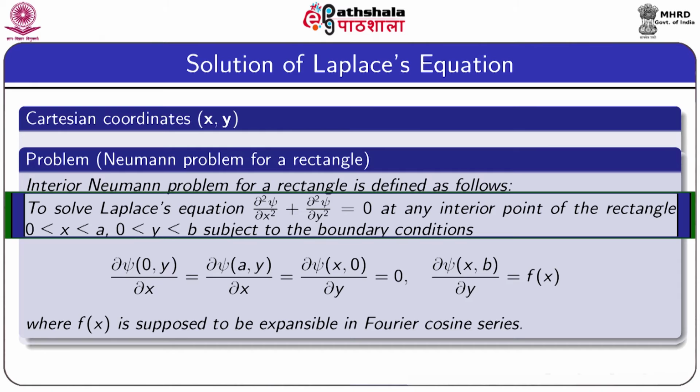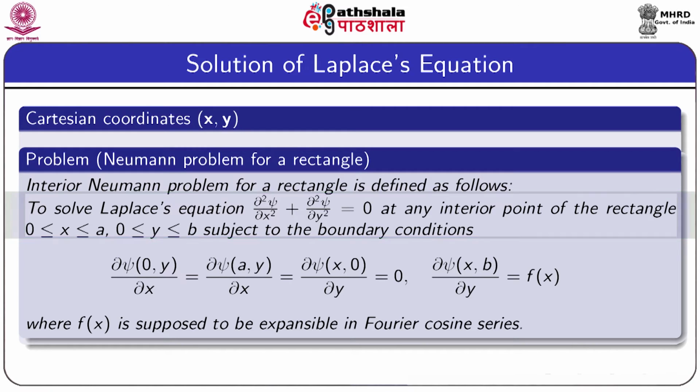So, we have to solve del 2 psi by del x square plus del 2 psi by del y square equals 0 at any interior point of the rectangle 0 less than or equal to x less than or equal to a, 0 less than or equal to y less than or equal to b, subject to the boundary conditions del psi by del x at the point (0, y) equals del psi by del x at (a, y) equals del psi by del y at the point (x, 0) equals 0, and del psi by del y at the point (x, b) equals f(x).